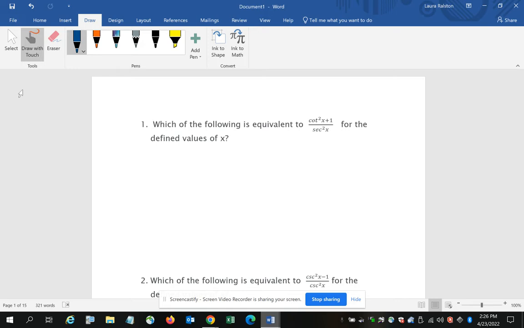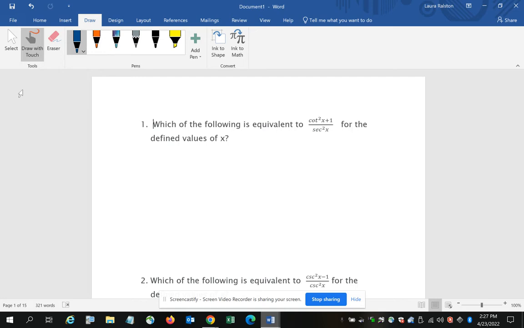This skill becomes important, especially as you move into calculus, because if you have something complicated like question number 1, which is cotangent squared x plus 1 over secant squared, perhaps you can simplify it where you have only one trigonometric function involved, or where you don't have a sum like plus 1.